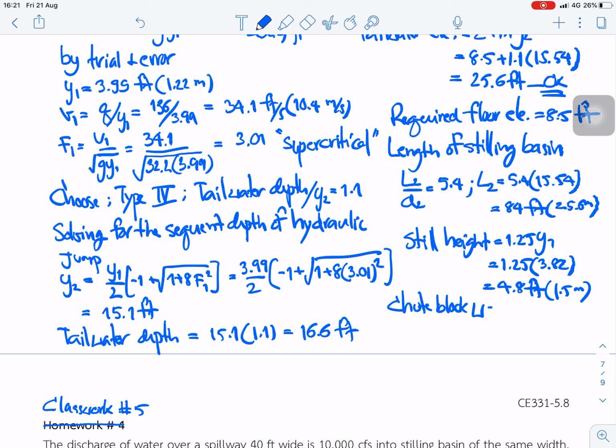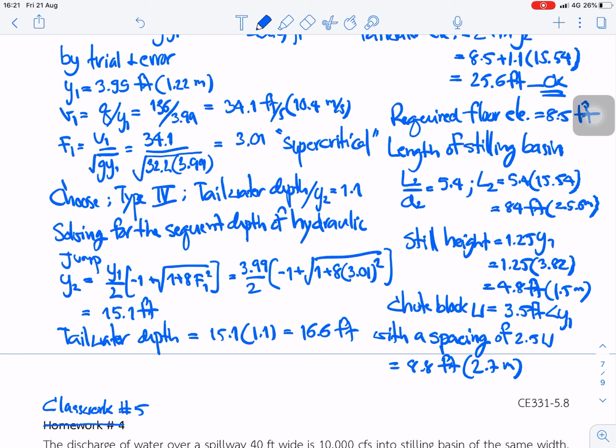W is equal to, from the spec, 0.75 of y1, which is 3.5 feet, so we can choose the width, and with a spacing of 2.5 of the width, so we have to use 8.8 feet for the spacing of the chute blocks. Okay, that's just the detail of designing the stilling basin dimensions.